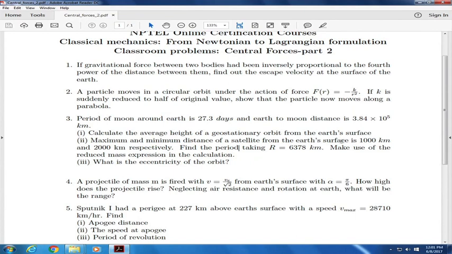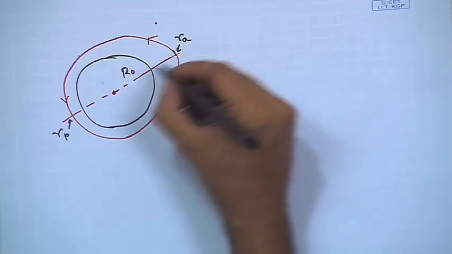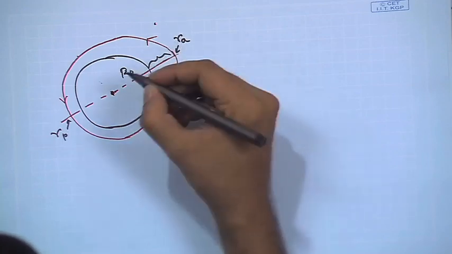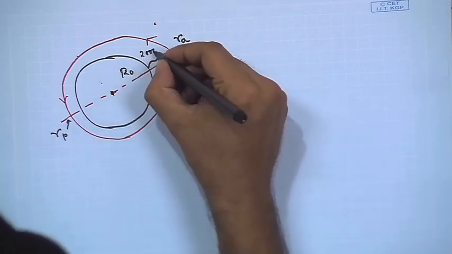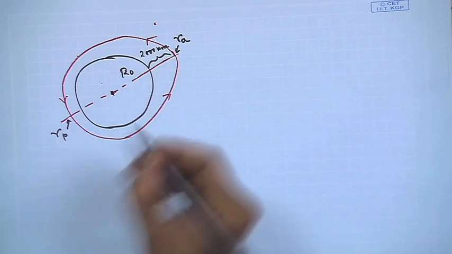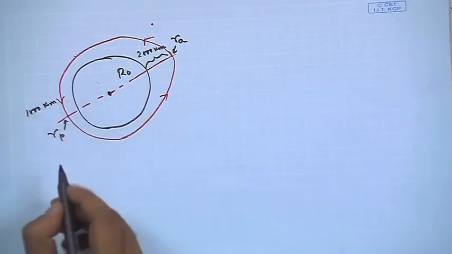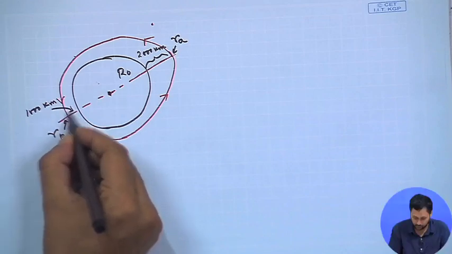So, 2000 and 1000 kilometers respectively from the surface. We have a radius r0, this one is given as 2000 kilometers and this one is given as 1000 kilometers.